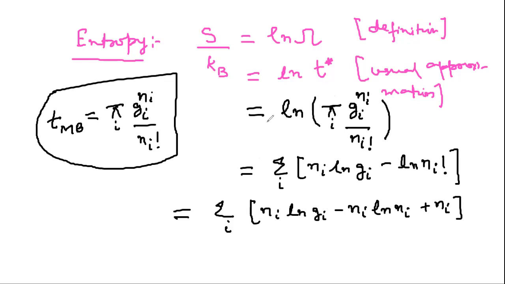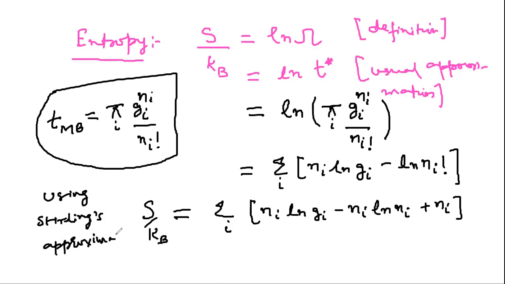We have used Stirling's approximation. So what is it? It's our S by kB. So using Stirling's approximation, S by kB is summation over i of n i ln g i minus n i ln n i plus n i.